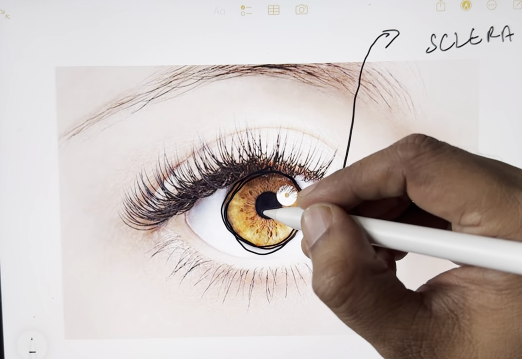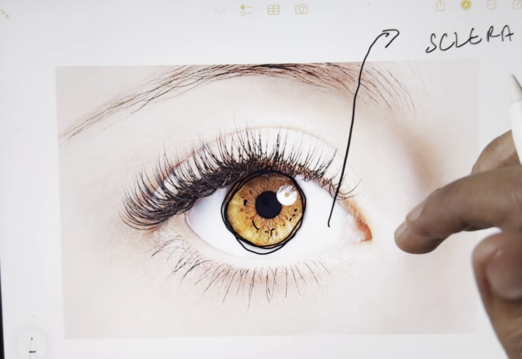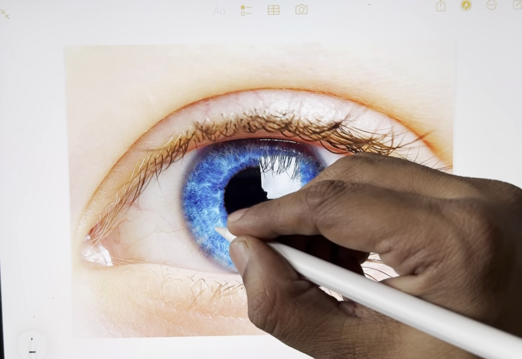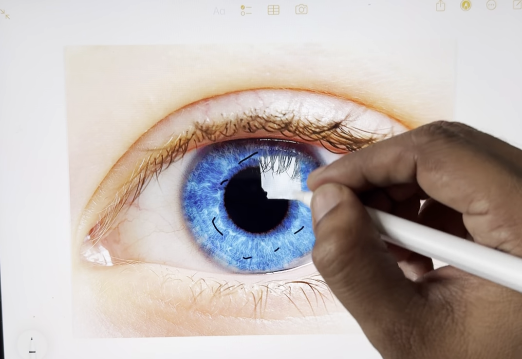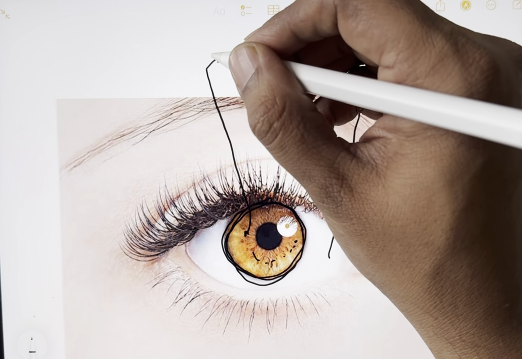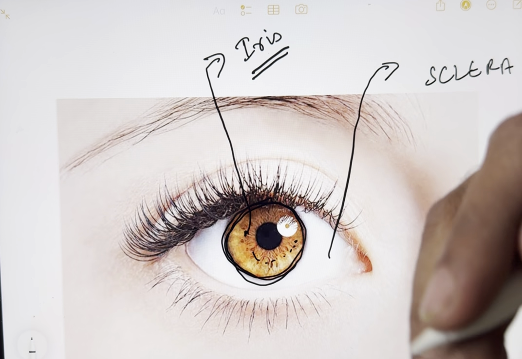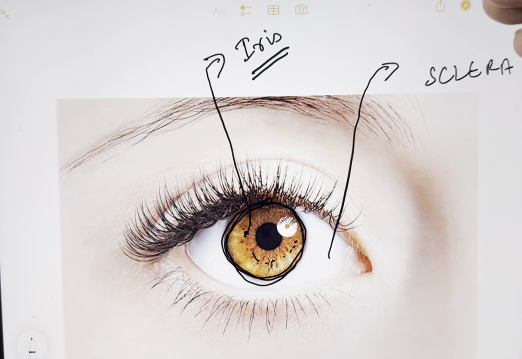But what you are seeing, this brown color in this photograph, and in one more, you can see this blue color, varies from individual to individual. This color is due to the iris, which is part of the second vascular layer.